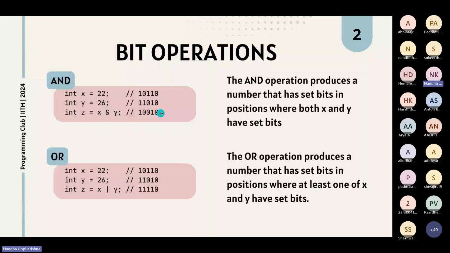The second least significant bit, for X it is 1, for Y also it is 1. Since both of them have 1, in Z also it is 1. However, notice the next two bits. In X it is 1, in Y it is 0. Since it is 0 in Y, in Z it is 0.